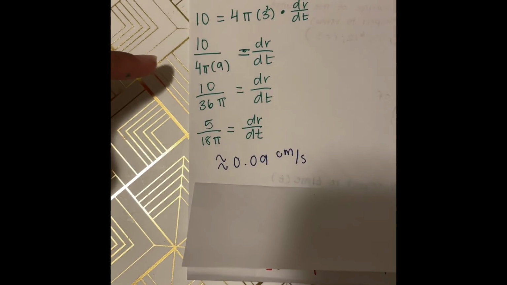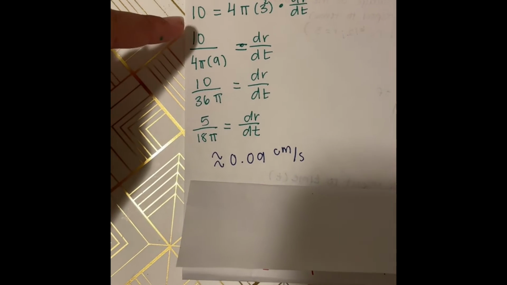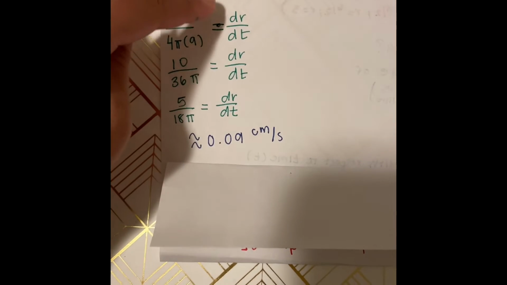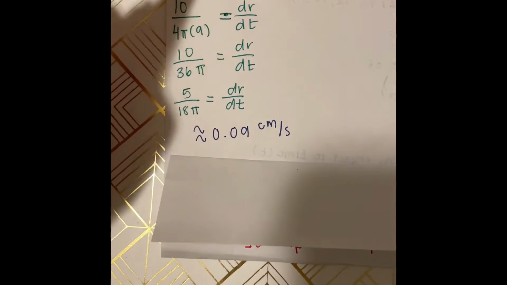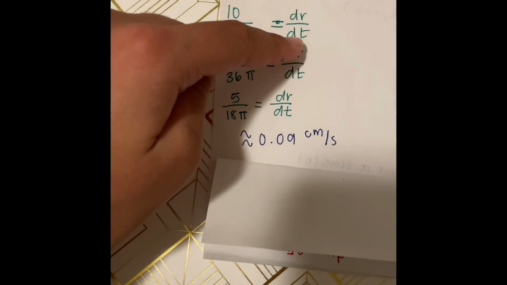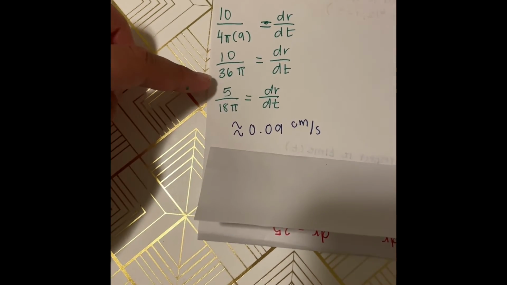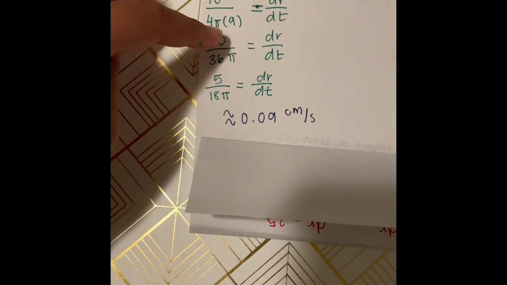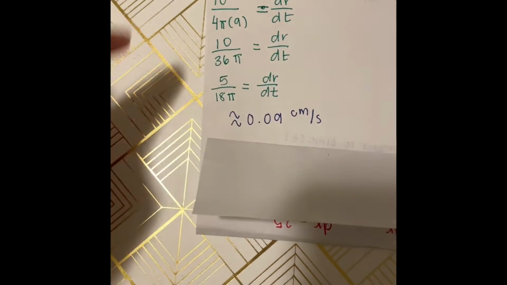In order to solve this equation, you just do normal algebra and get dr over dt by itself. First, divide by 4 pi times 3 squared, which is 4 pi times 9, which gives dr over dt. This can be simplified to 10 over 36 pi, because 4 times 9 times pi is 36 pi.